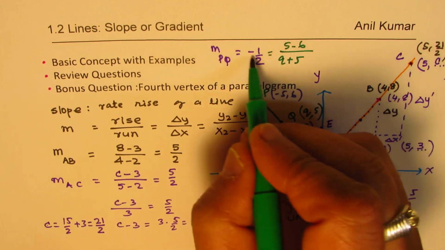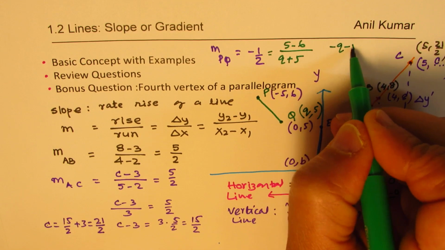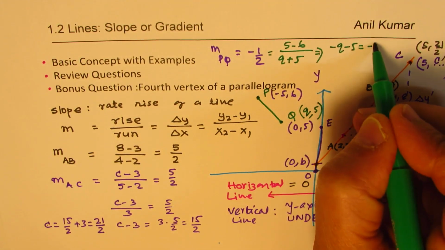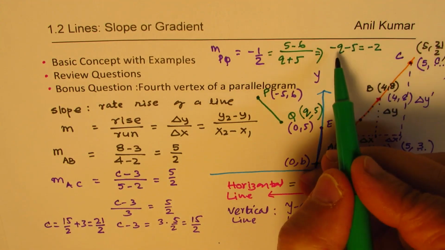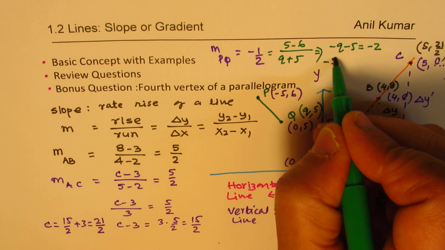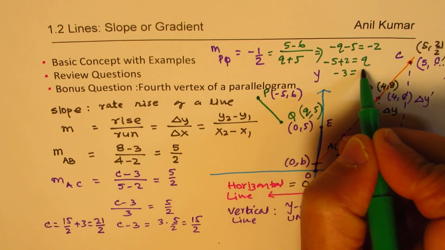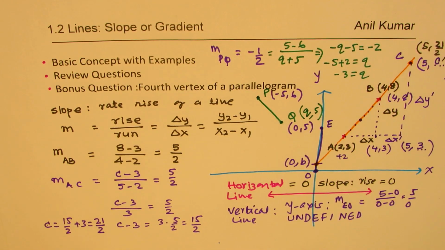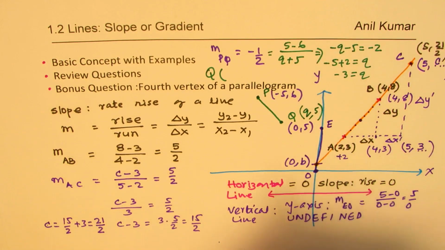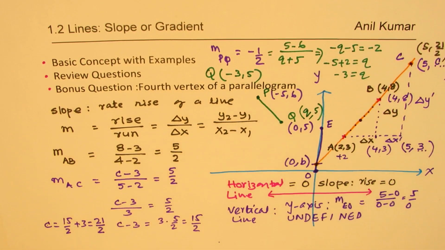If I cross multiply, I get minus q minus 5 equals what? 2 times minus 1 is minus 2, right? And so taking q on this side, minus 2 on the left side, we get minus 5 plus 2 equals q, and that gives me a value of minus 3. So in this case, q has to be minus 3. So we found that the point Q is minus 3, 5.